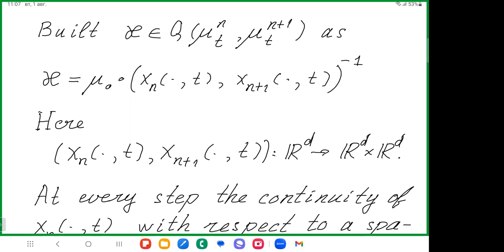If they are different, then we build a measure on some curve near the diagonal, and how far this curve is from the diagonal is actually the estimation of the distance. But kappa should have a dimension, so to say, twice more than mu0. Exactly. And you see this pair of mappings from Rd to Rd multiplied by Rd. Okay, so this is a kind of trick, I need time to understand it. Okay, thank you.